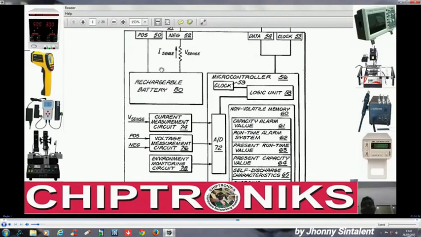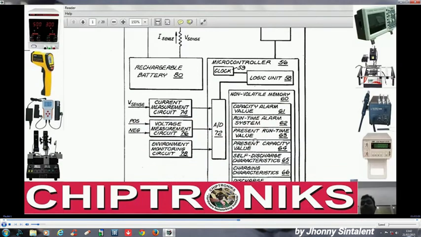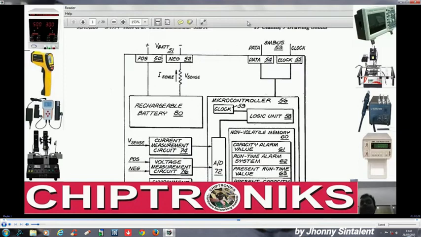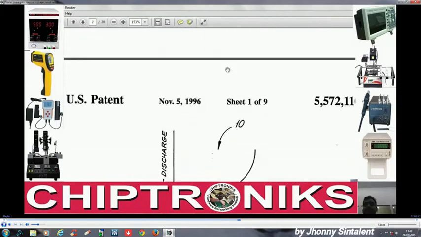So this battery will need more charge voltage, and how would it tell the charger that it requires more charge voltage? This microcontroller will send the information via this SM bus. So that's why I referred to this graph.